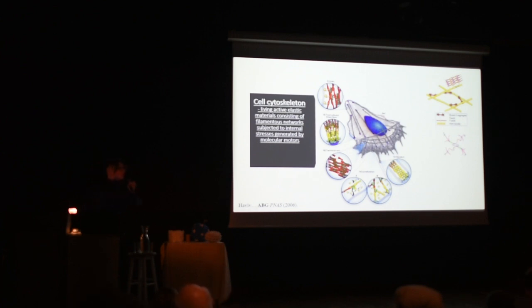It has many legs. They can interact with many of these filaments and generate this kind of structure, which is a cross-linked network that is actually active.